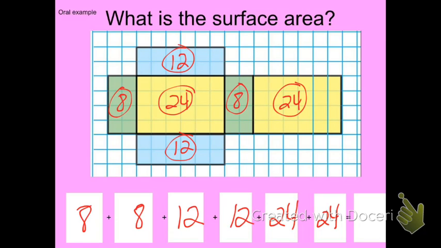Put those in your calculator and add them all together. All right, what do you get? 88. And they are units squared.